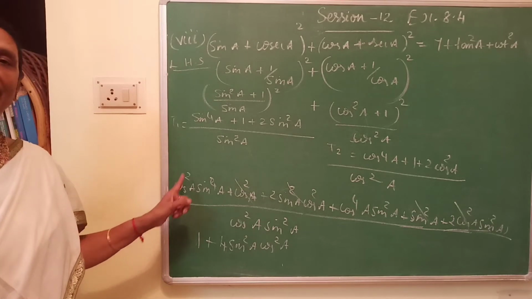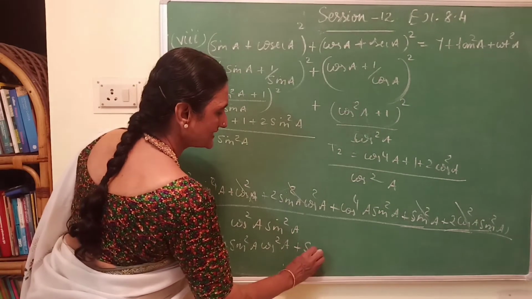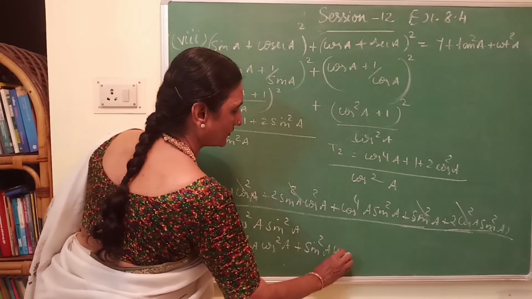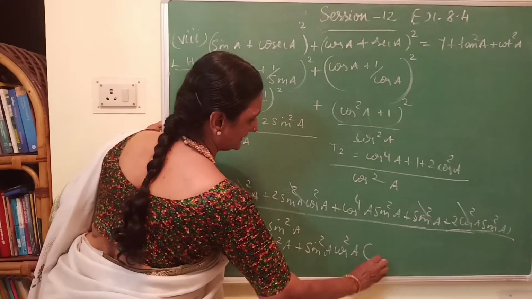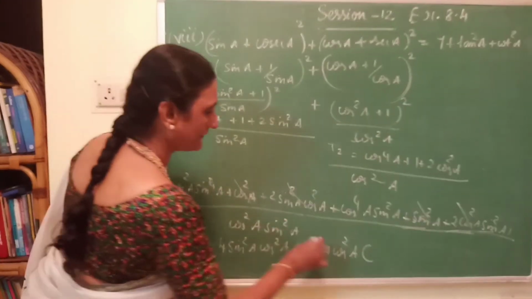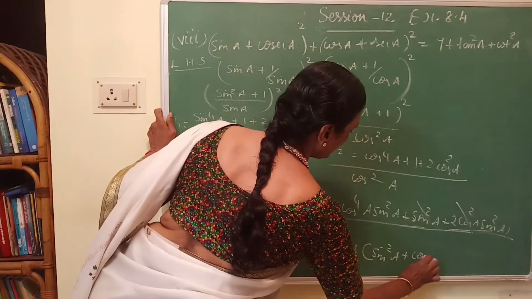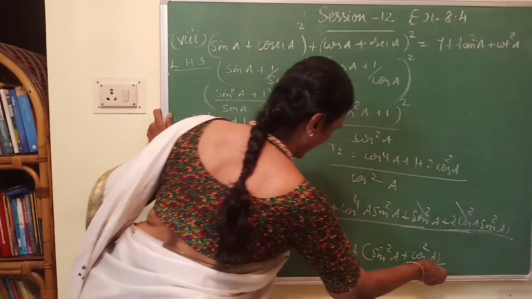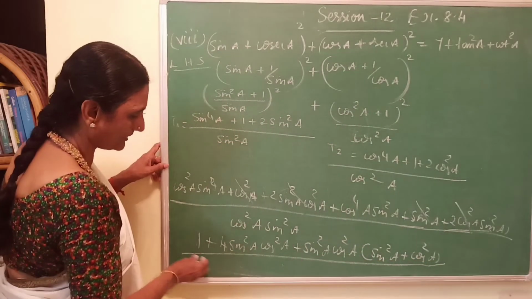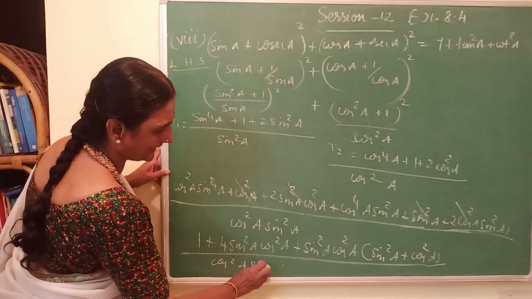Sin square A and cos square A. So I am taking sin square A cos square A as the common factor, and then from here I will get 1 sin square, 2 powers reduced, and here 2 powers reduced, 1 cos square A, and the common denominator is cos square A sin square A.